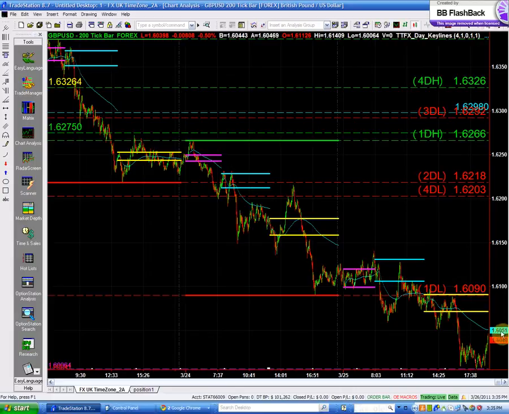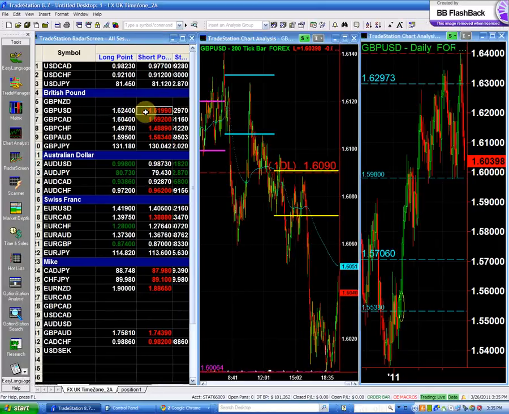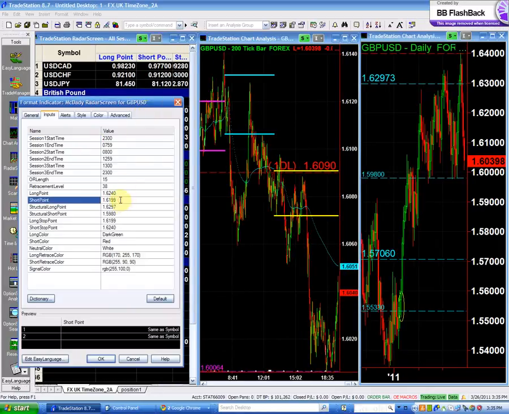So the best thing is to use the market side from last session, which is the 160.05. So your stop is going to be the 160.50, which is the market side.